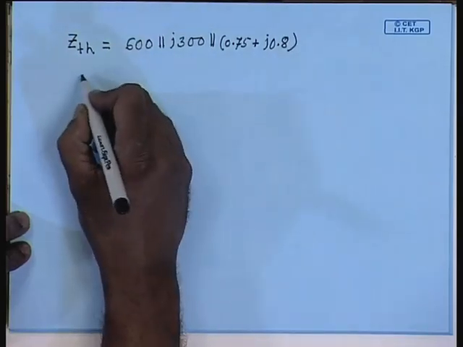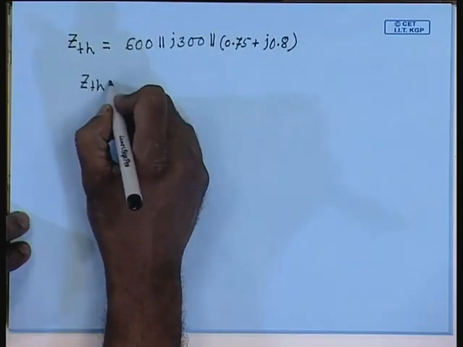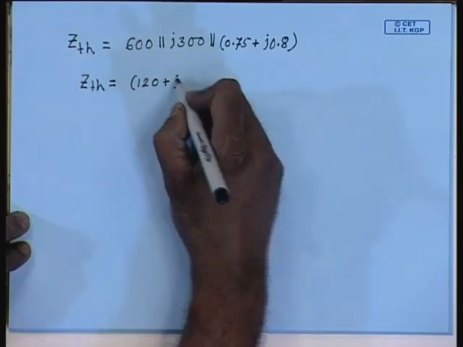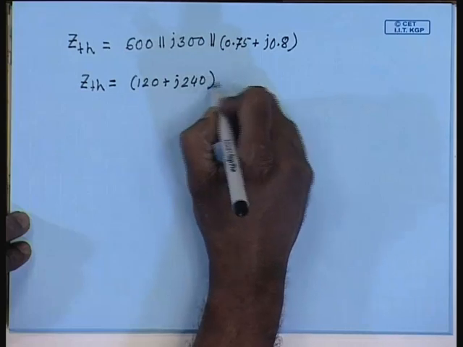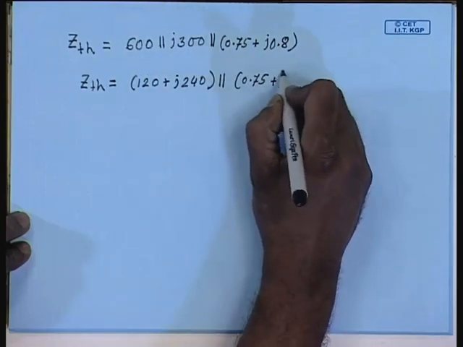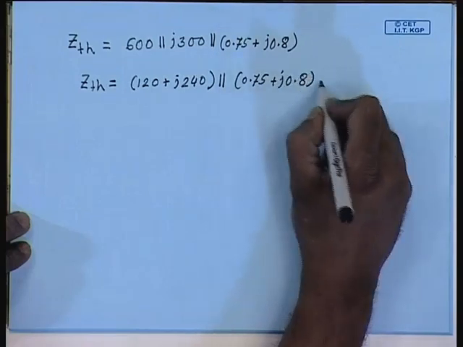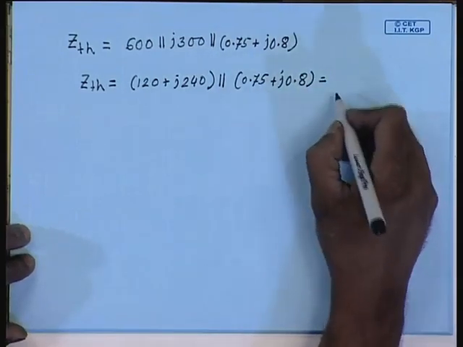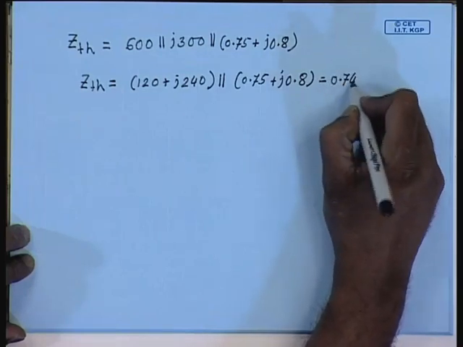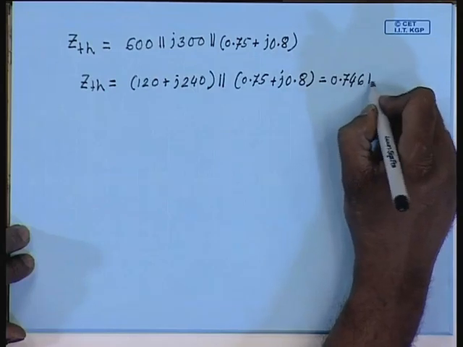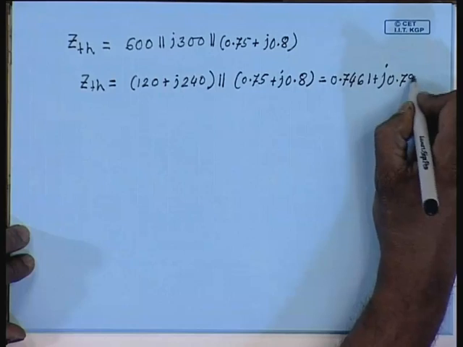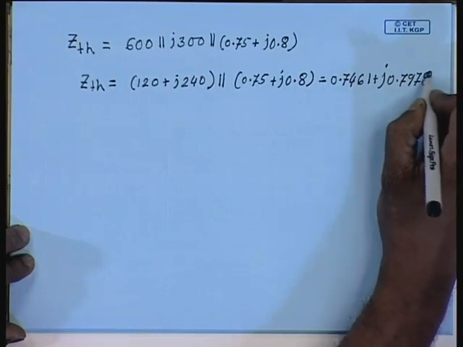In other words, ZTH equal to 120 plus j 240 parallel with 0.75 plus j 0.8, and if this is computed, ZTH comes to be 0.7461 plus j 0.7978.